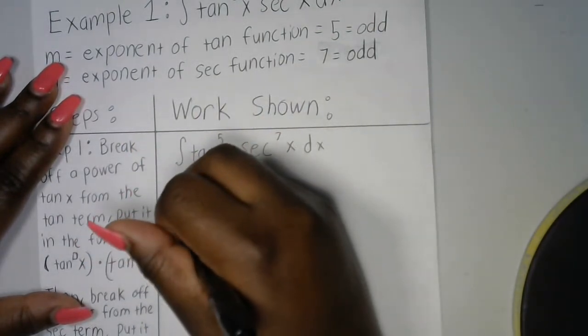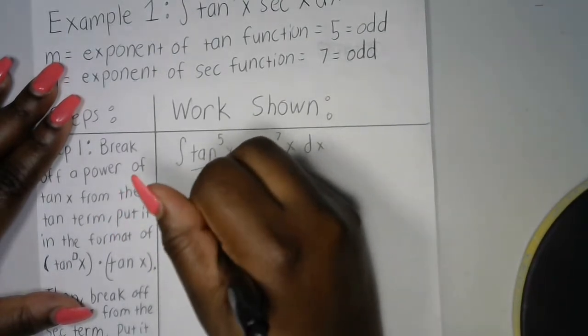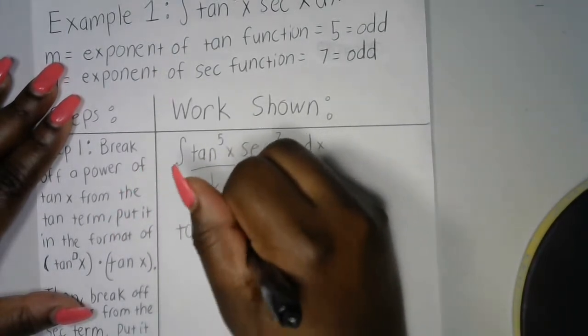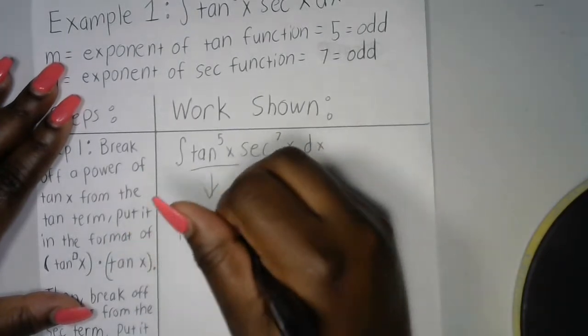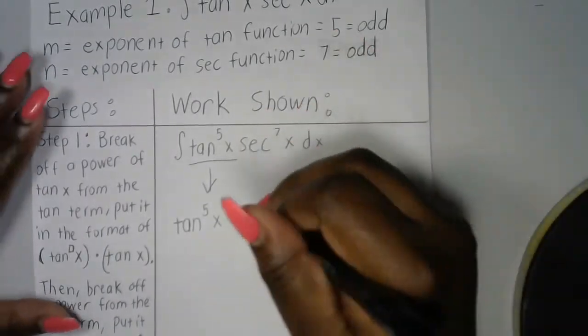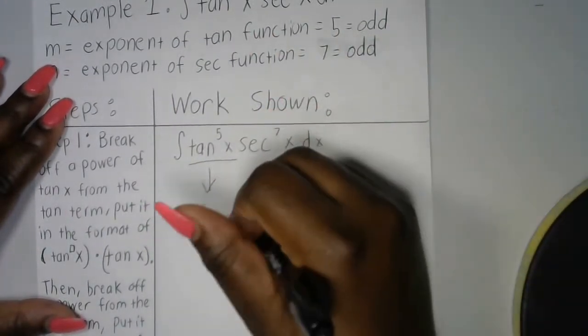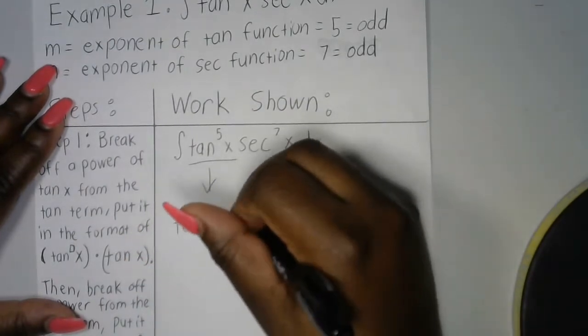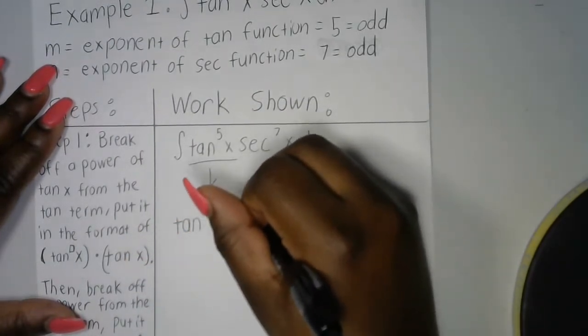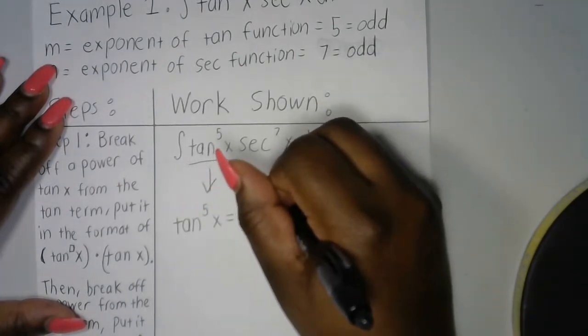If you remember from rule number 1, tan x to the 5th power can be broken down into, well, 5 is equal to 4 plus 1, and we're breaking off a power, which is just 1 power. So tan x to the 5th power is equal to tan x to the power of 4 plus 1.